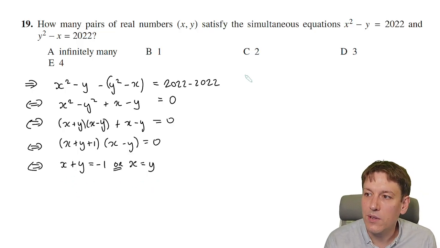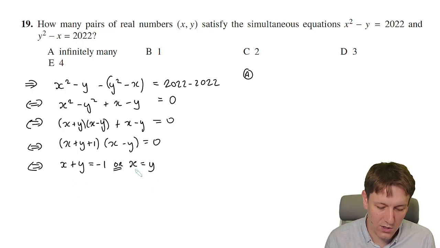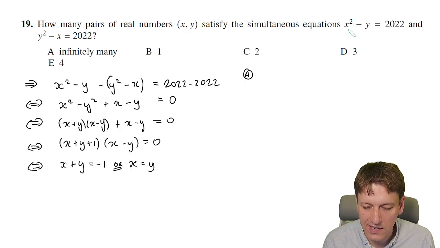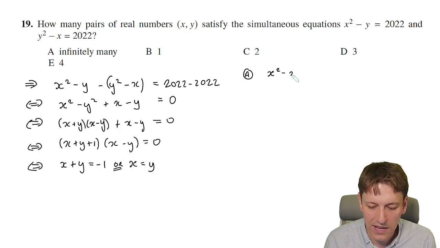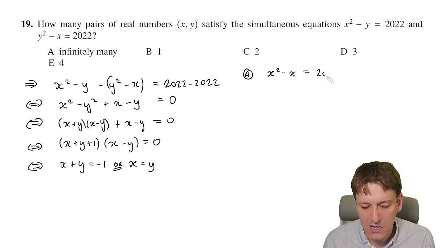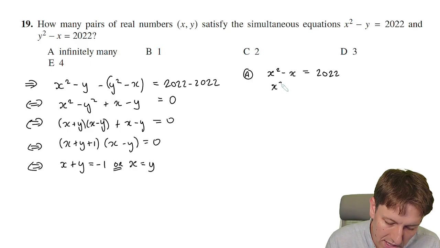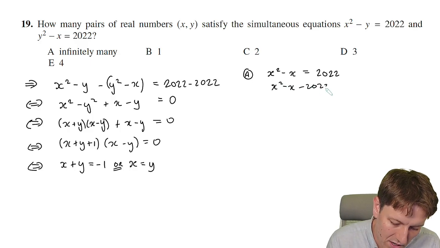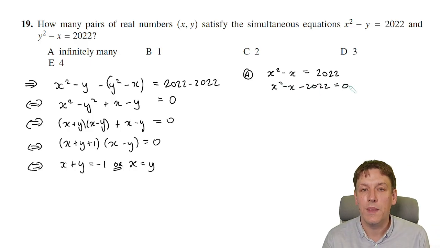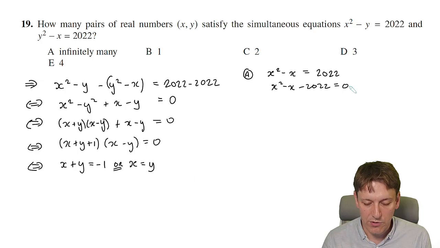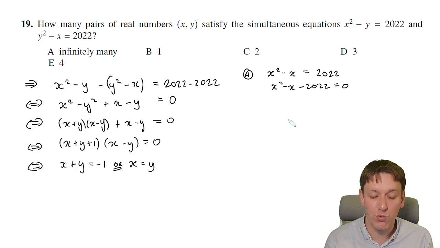So let's think about the first case. Let's do x equals y first because it's slightly easier. Right, then both equations become x squared minus x equals 2022, whether you put x equals y in here or here. Now, this is x squared minus x minus 2022 is 0, and if you've done the discriminant of a quadratic equation, you will know that this has two roots, right?